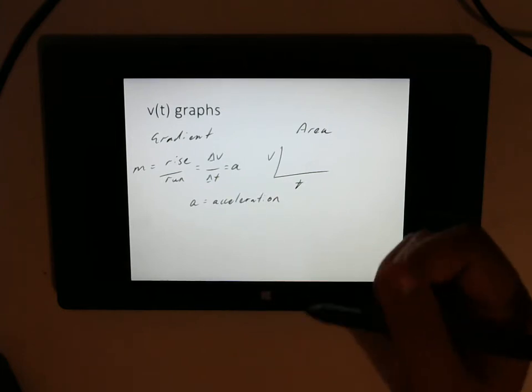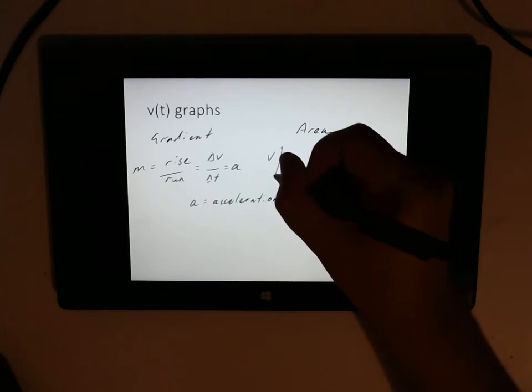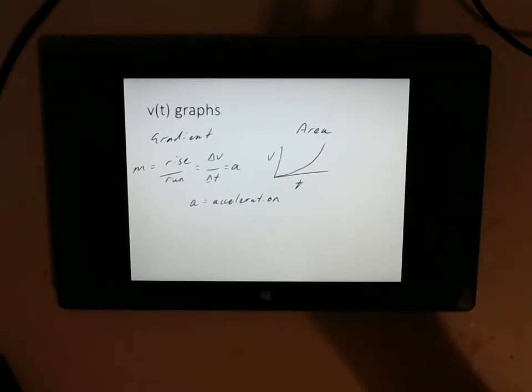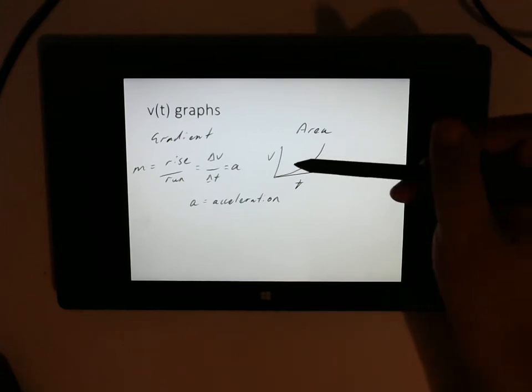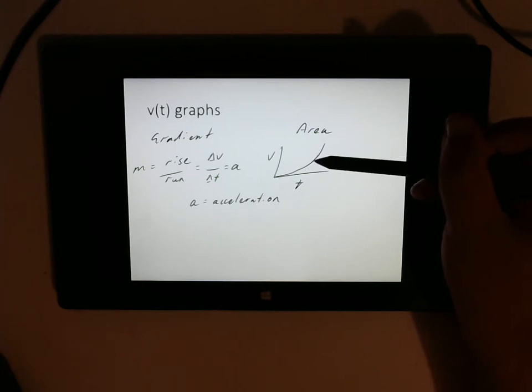Now, the worst possible graph you could get for a VT graph would be something curving, like this. There are some complex graphs, and I'll show you one of those later on in this video, but this one is horrible to work with because the displacement for this is going to be ridiculous.